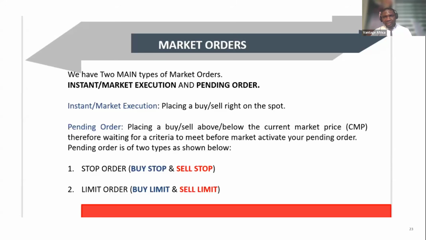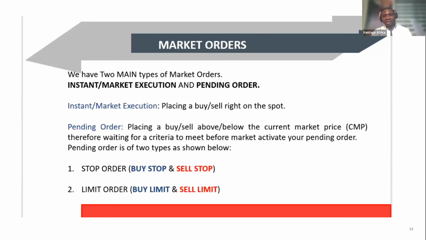Then for pending orders, the way that works is that you are going to set a trade that will be active sometime in the future. Why is that important? For market execution, it means that at the time you come to the chart, your trade is already ready to buy or sell.